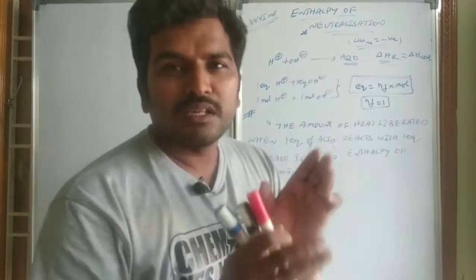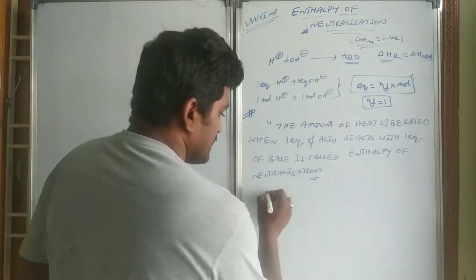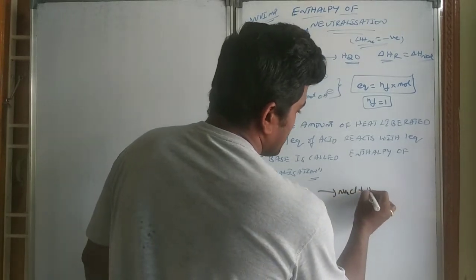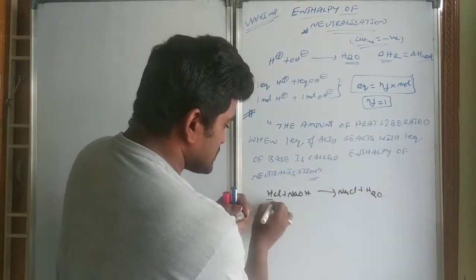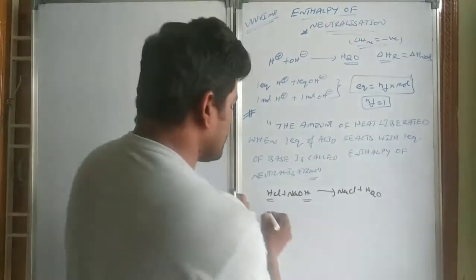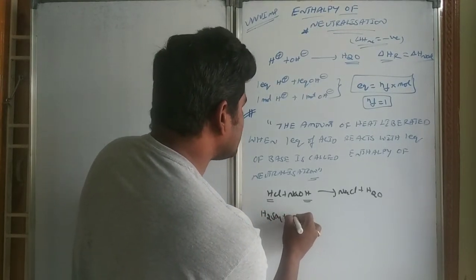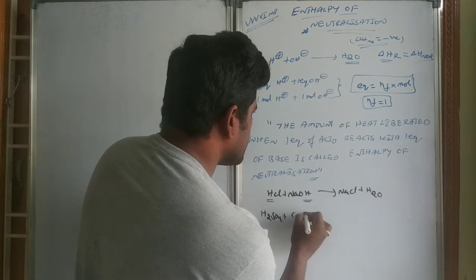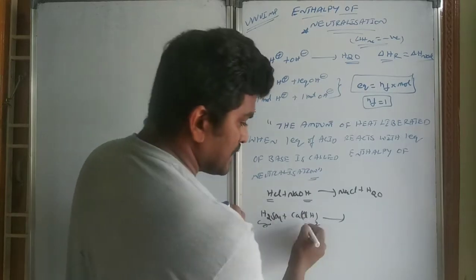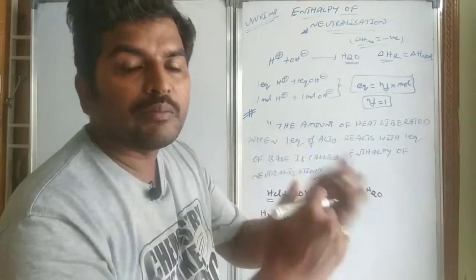because if it is a monobasic acid and a monoacidic base, like HCl plus NaOH gives NaCl plus H2O, here 1 mole of H+ ions and 1 mole of OH- ions are there, and you can expect some amount of heat. But if you take 1 mole of H2SO4 and 1 mole of Ca(OH)2, it gives 2 moles of H+ ions and 2 moles of OH- ions, so the heat liberated will be double.